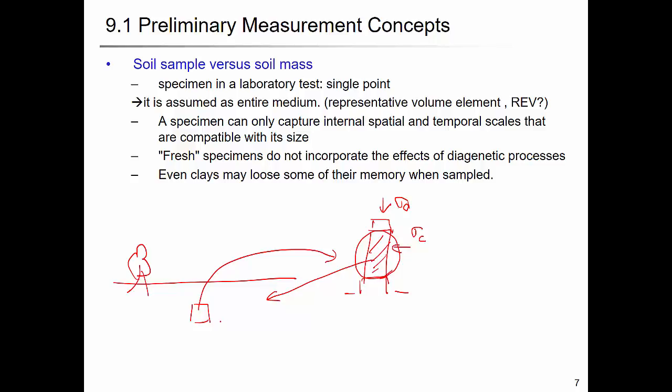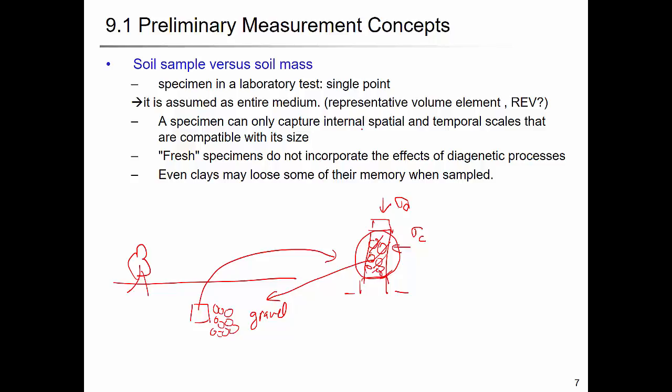For example, here the ground is made of gravel, and if you take a sample that consists of only 3 gravels or 6 gravels like this, can it represent the ground condition? Could be not, right? So you should have enough volume or enough size of the sample to be able to tell that this is the property of the ground.